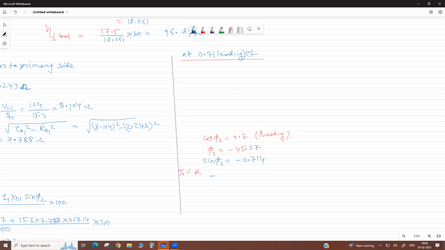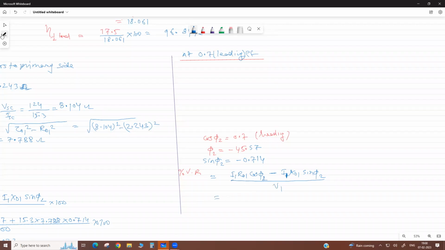That's why the percentage voltage regulation is (I1 R01 cos phi 2 minus I1 X01 sin phi 2) divided by again V1.